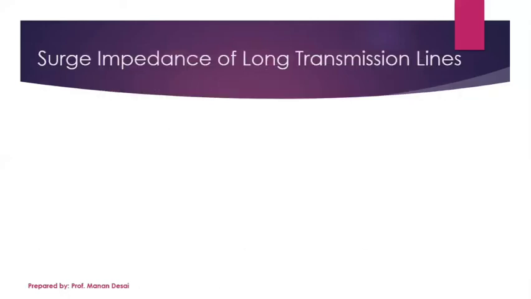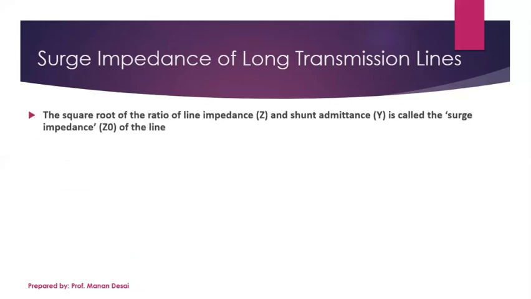Now, after the ABCD parameters, we will understand the surge impedance of a transmission line. What is the surge impedance? The square root of the ratio of line impedance Z and shunt admittance Y is called the surge impedance Z0 of the line.